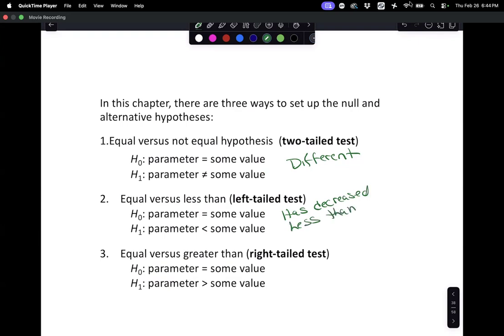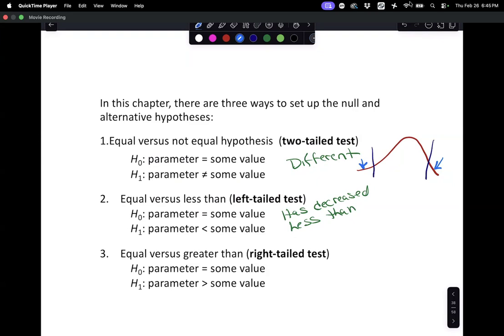So I'm going to go back up here because I'm going to draw pictures. If I have a curve right here, it's basically like we created a confidence interval. And if my sample data lands me out there or out there, then we know that our null hypothesis is not true.